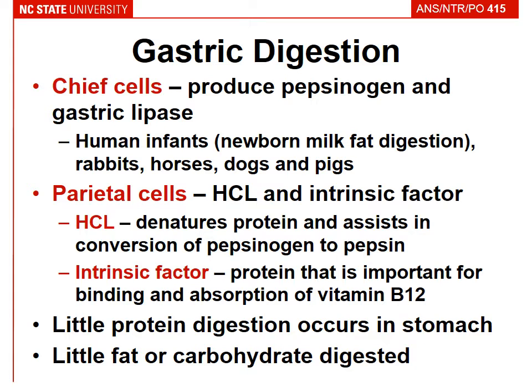There is little protein digestion that actually occurs within the stomach, and little fat or carbohydrate digestion. Now, protein digestion does start in the stomach, so the pepsin starts breaking down those tertiary and quaternary structures, and we're getting some longer peptides.